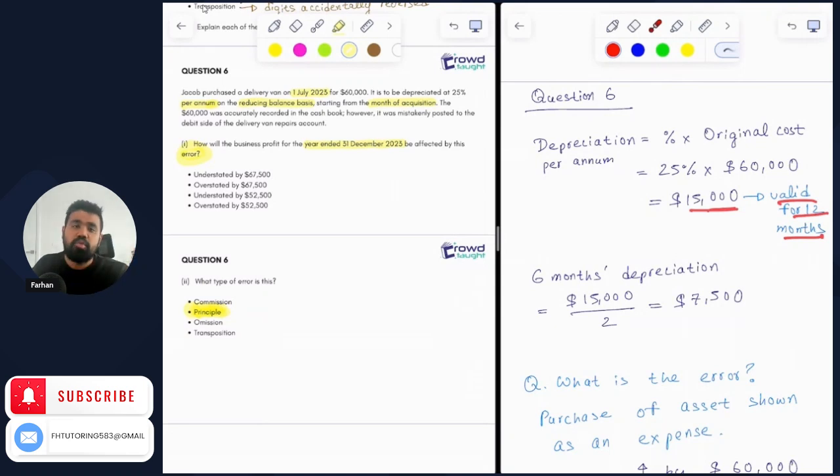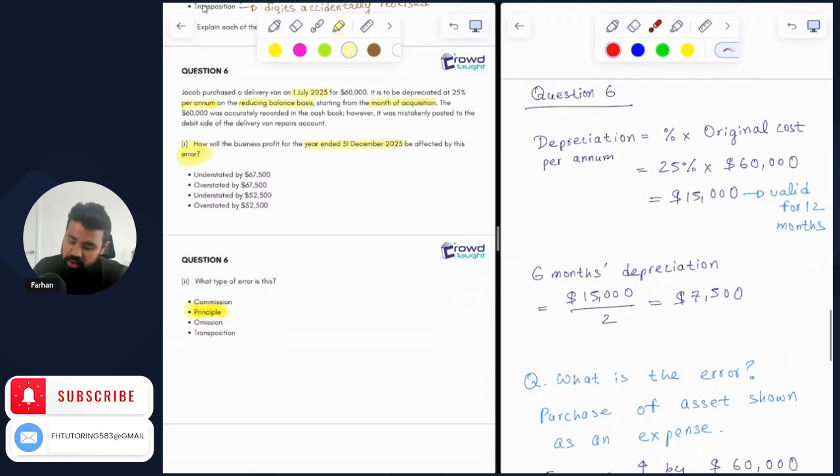So from 1 July 2023 until 31 December 2023, you've got 6 months in total, right? July, August, September, October, November, and December. So if $15,000 is the depreciation for 12 months, then the depreciation for 6 months is $15,000 divided by 2, which is $7,500, right?